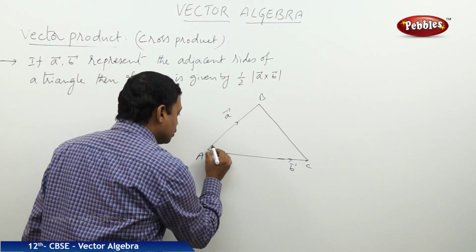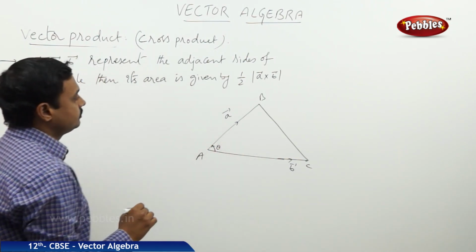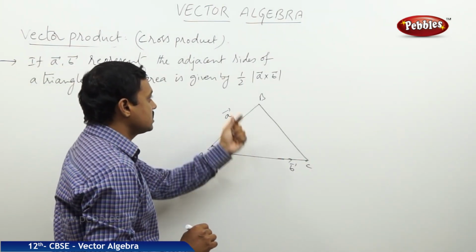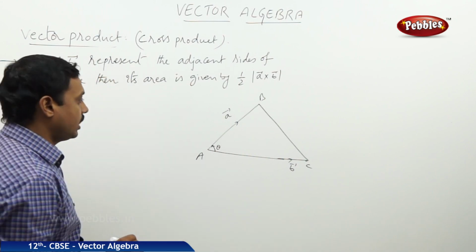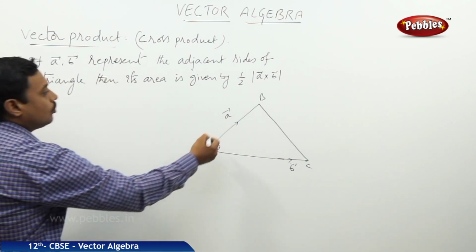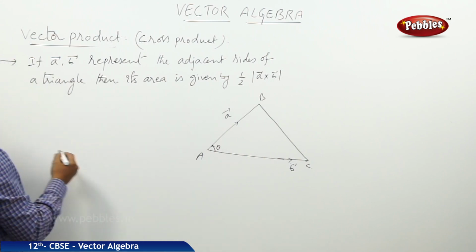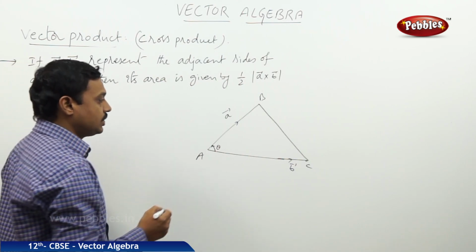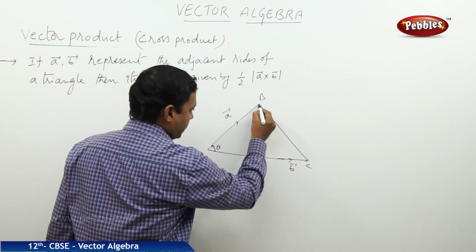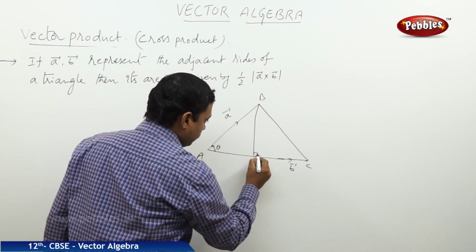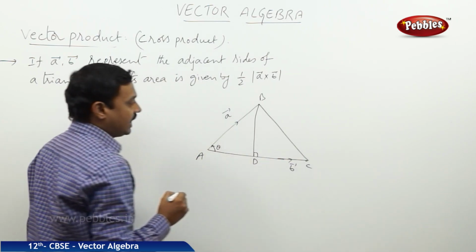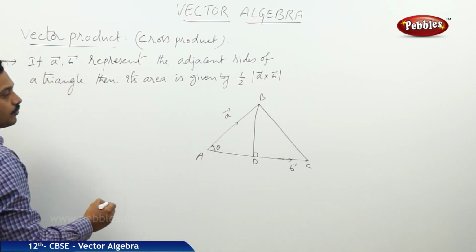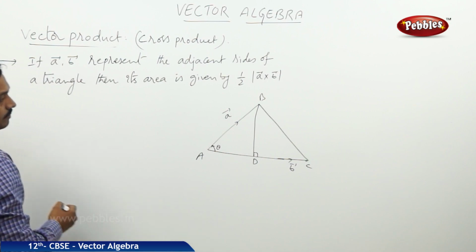If the angle between these two vectors is theta, now we are going to find the area of this triangle as half into modulus of a cross b. We know that the area of a triangle is given by half into base into height. So here let us take BD as the height. BD is the perpendicular drawn from B to the side AC.